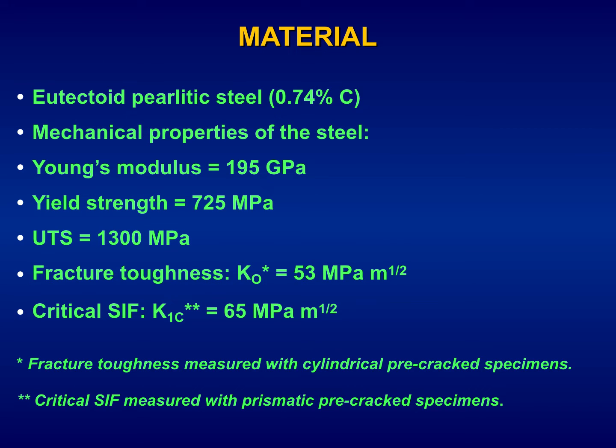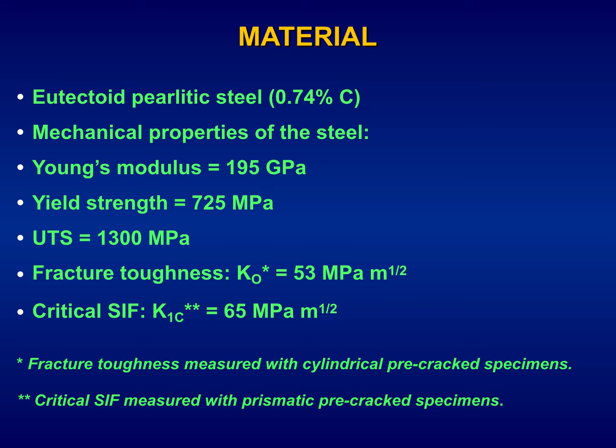We have performed hydrogen embrittlement tests on eutectoid pearlitic steels, 0.78% of carbon. Mechanical properties of the steel: Young's modulus 195 gigapascals, yield strength 725 megapascals, UTS, ultimate tensile strength 1300 megapascals, fracture toughness K0* 53 megapascals per square root meter, and the critical stress intensity factor, K1C*, 65 megapascals per square root meter.